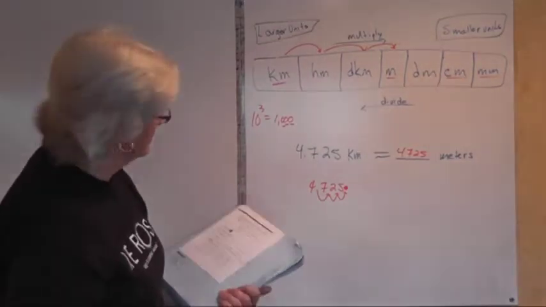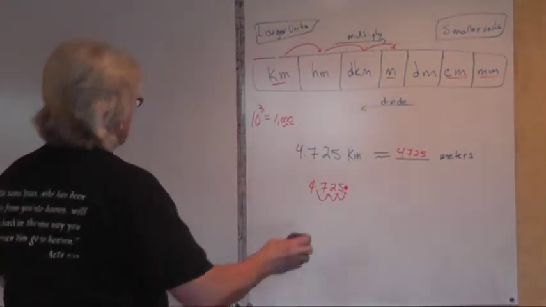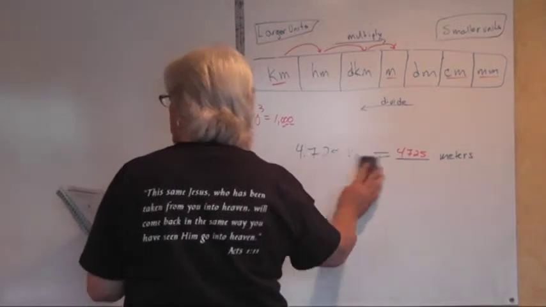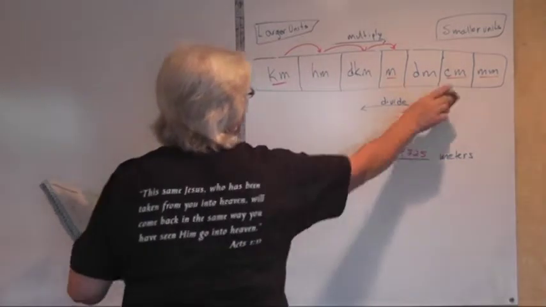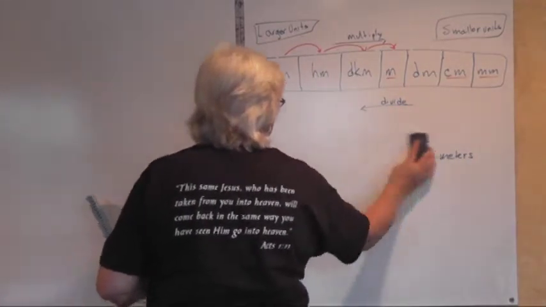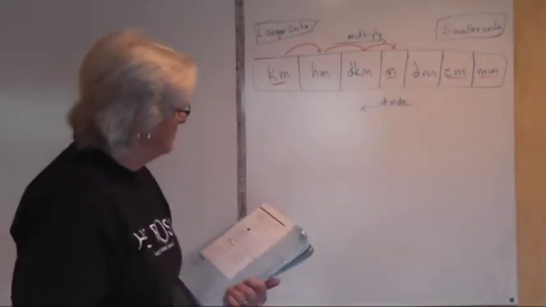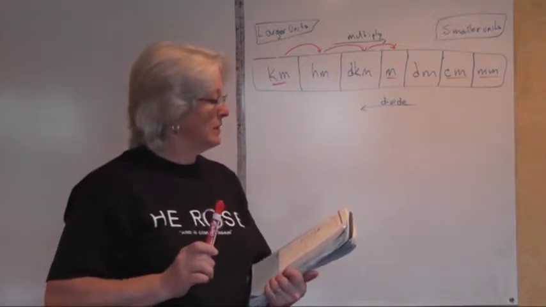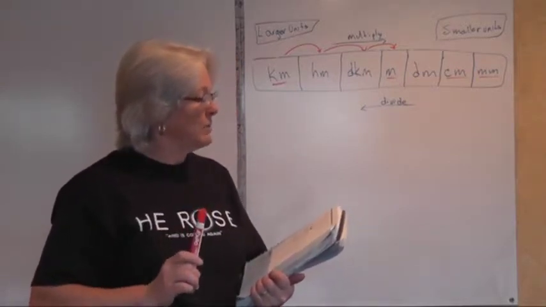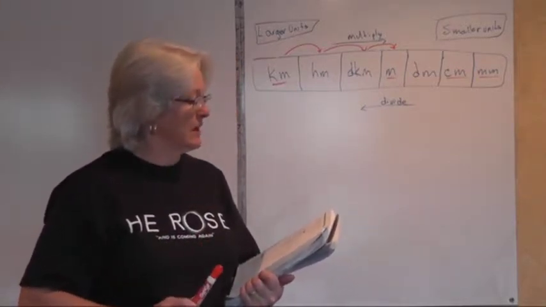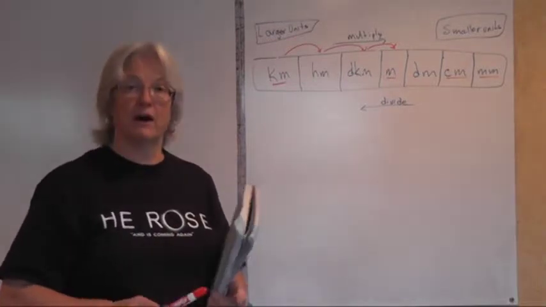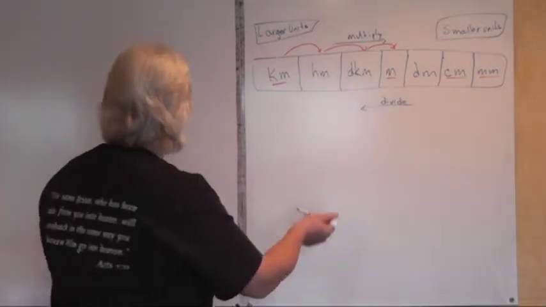Let's go ahead and look at this next example, which says to change a smaller unit to a larger unit, you're going to divide. Moving the decimal point to the left one place for each step that you take is equivalent to dividing by a power of 10.